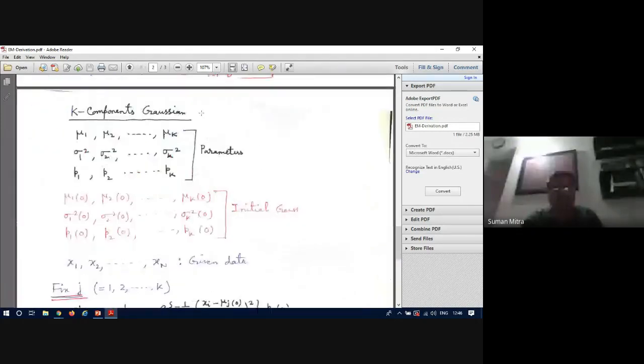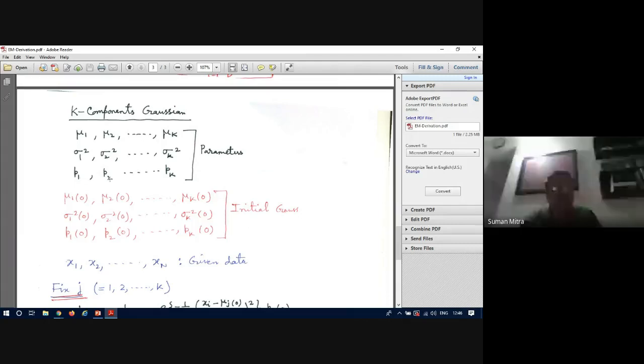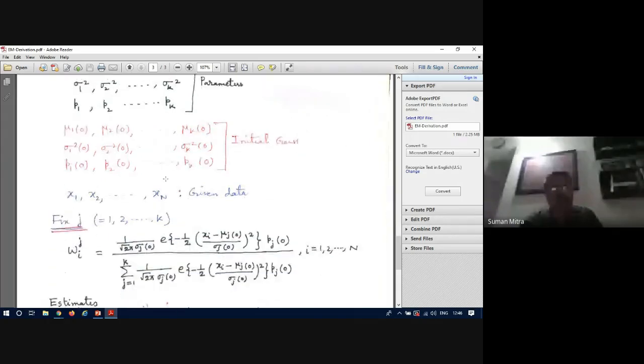So for the k component Gaussian, we take an initial guess of mu1, mu2 to mu k, sigma 1, sigma 2 to sigma k, P1, which is actually the weight corresponding to each component of the Gaussian mixture, and then from the initial guess we try to find the ratio.